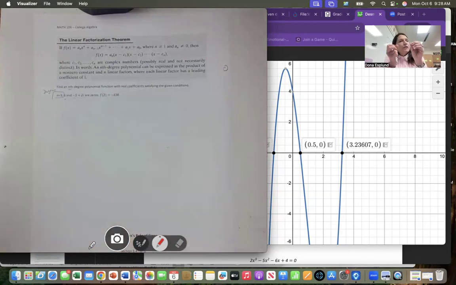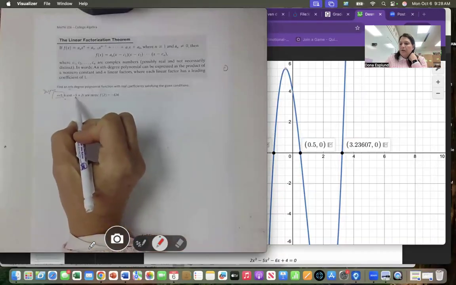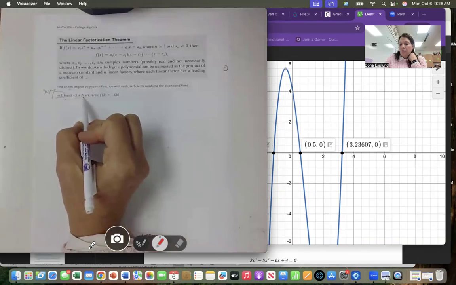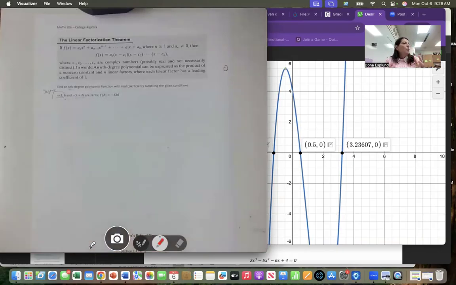Remember, when I have a degree of 3, I should have 3 possible roots. So when I have -5 plus 2i, I also will have -5 minus 2i, because in the quadratic equation we always have that plus or minus in front of the radical, and that's how you got the i.